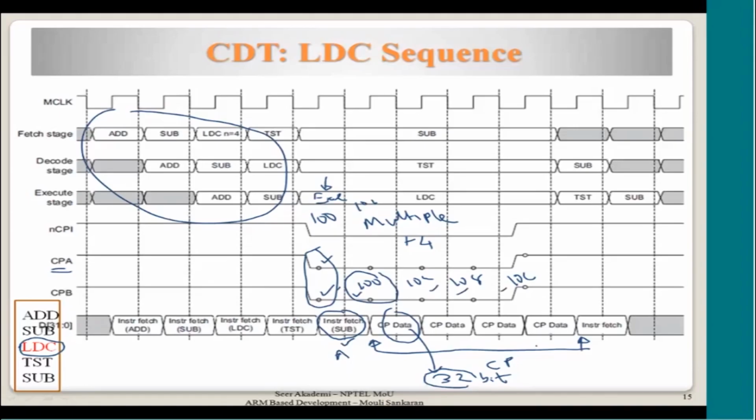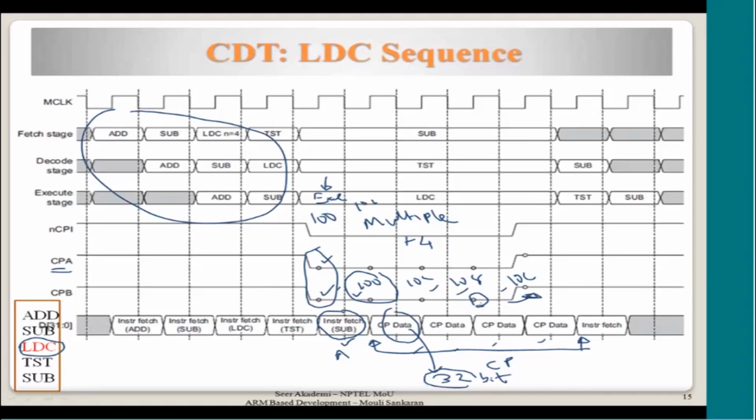So who is reading or writing this data? The coprocessor is accepting it, or it may be generating the data, but the address is generated by the ARM. Then when this particular busy goes up, that indicates that the coprocessor is done with its multiple transfers.